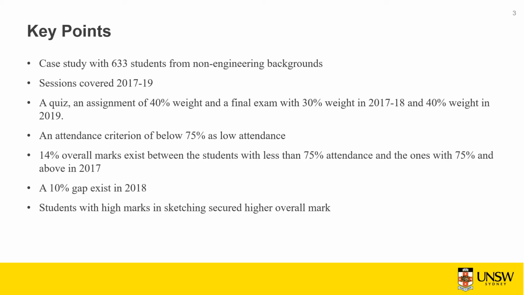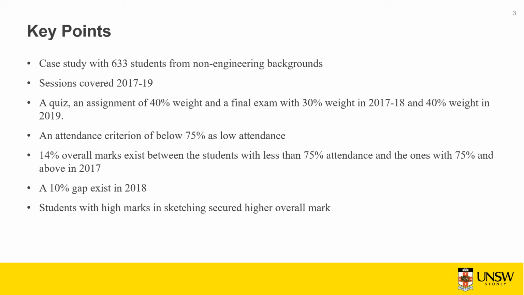As far as the assessment is concerned, we had a quiz, an assignment with 40% weightage, and a final exam with 30% weightage in 2017 and 2018 sessions, whereas in 2019 session, the weightage of the final exam was increased to 40%. Similarly, the attendance threshold was set at 75%. That means anyone having less than 75% attendance was regarded as having lower attendance.